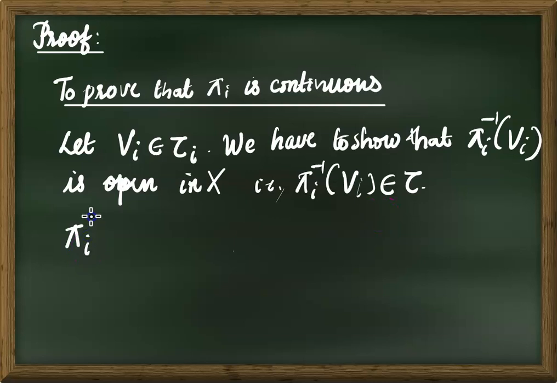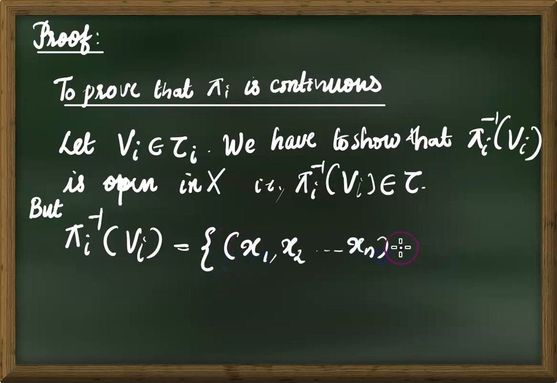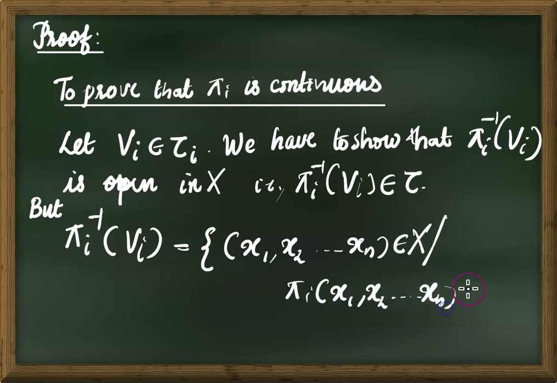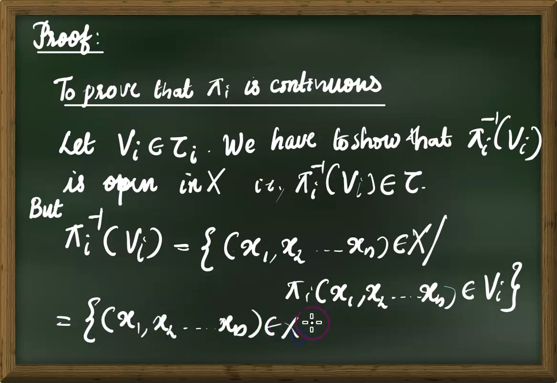We know that pi i inverse of Vi is the collection of all points, a collection of n-tuples from X such that its image pi i of x1, x2, etc. xn belongs to Vi. That means it is the collection of all n-tuples in capital X such that the ith coordinate xi belongs to Vi.